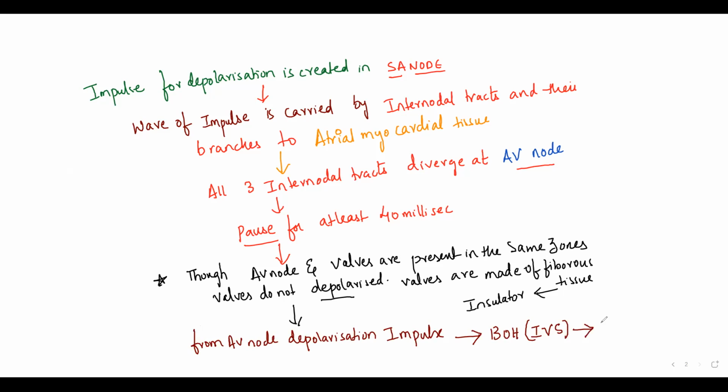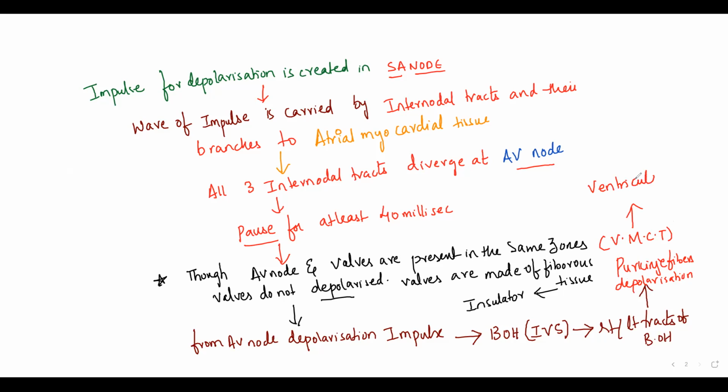From there, it moves into the right and left branches of the bundle of His, and from there into the fine branches called Purkinje fibers, which are present in the ventricular myocardial tissue. The depolarization of your Purkinje fibers will ultimately lead to ventricular systole, or contraction.